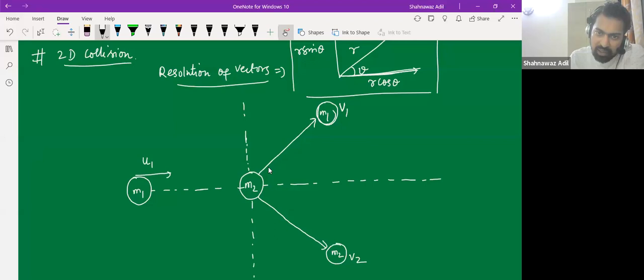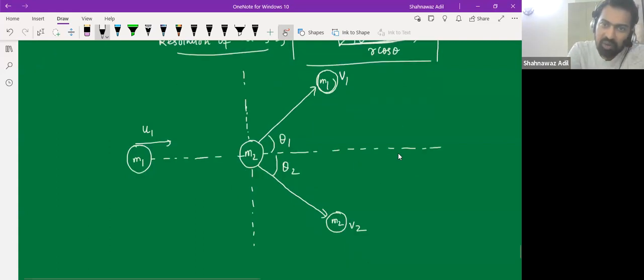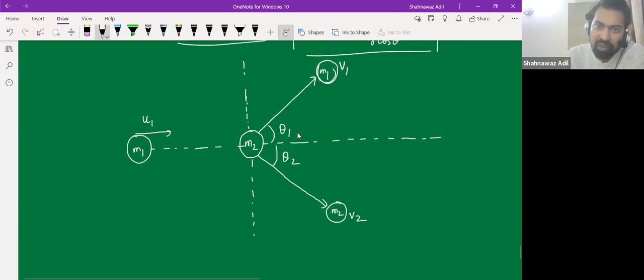This angle is theta 1, this angle is theta 2. So we have so many unknowns in this case, right, guys? What are the unknowns? We have v1, we have theta 1, we have theta 2, we have these many unknowns.